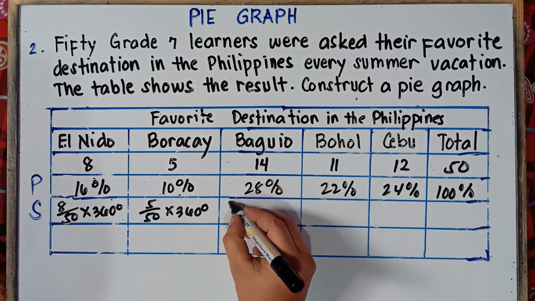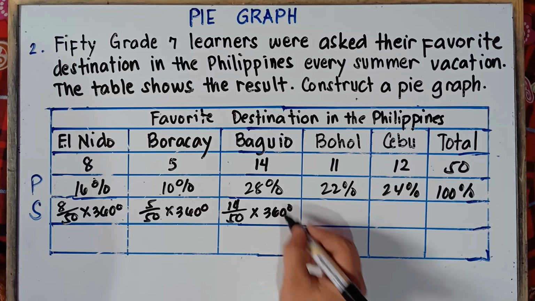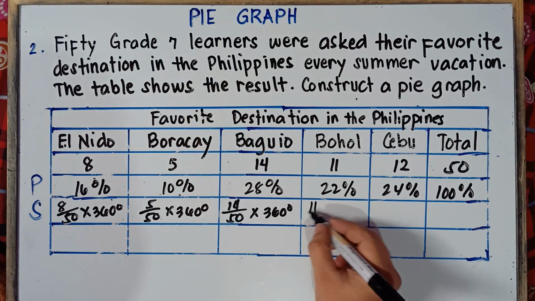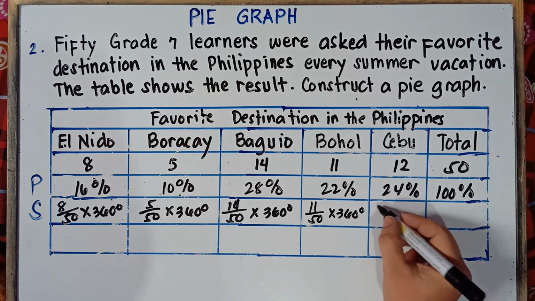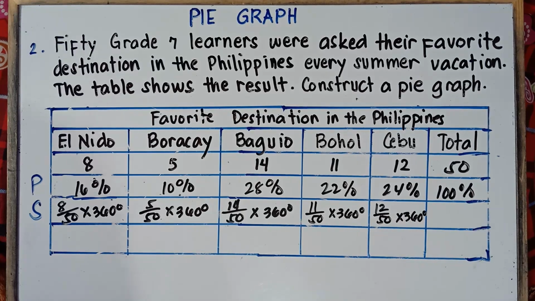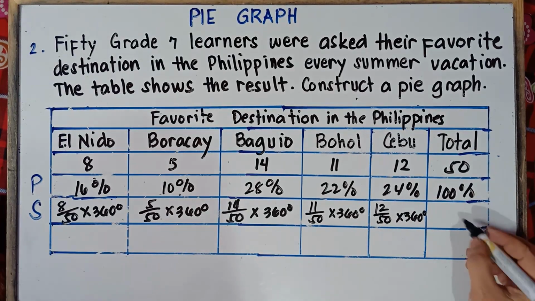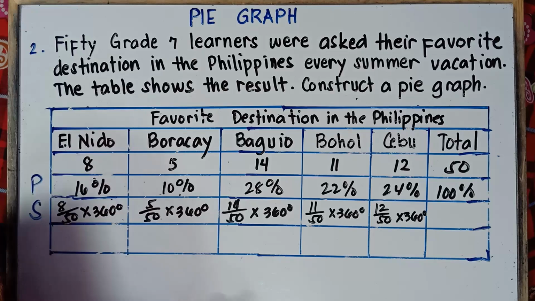For Baguio, 14 divided by 50 times 360 degrees. For Bohol, 11 divided by 50 times 360 degrees. For Cebu, 12 divided by 50 times 360 degrees. Of course, the total would be 360 degrees. Let's add this up later for the total.